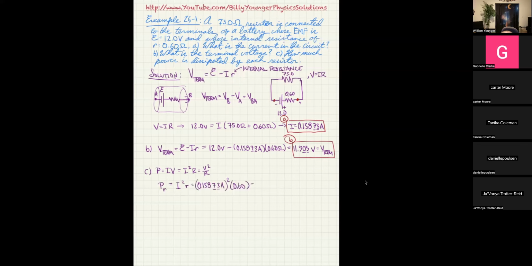So I'm going to take 0.15873. I'm going to square that and then multiply that by 0.6. And that is 0.01512. 2 extra digits there. So that's how many watts that the internal resistance dissipates.